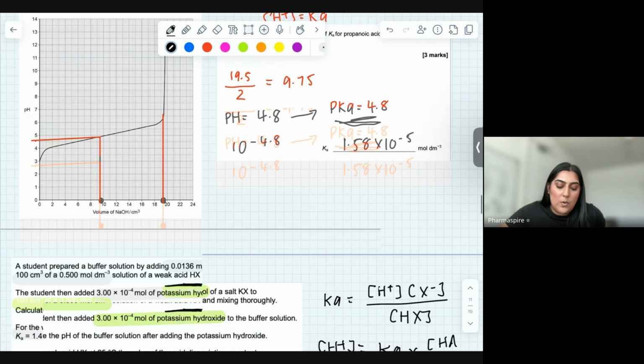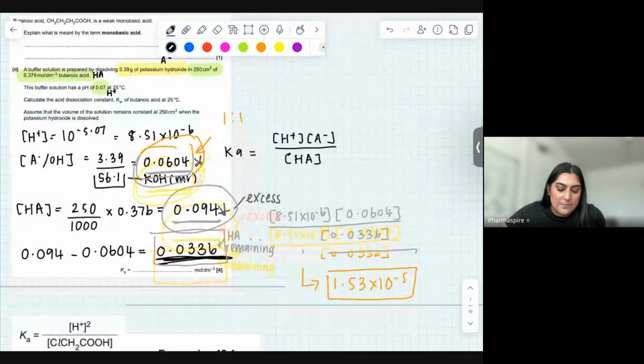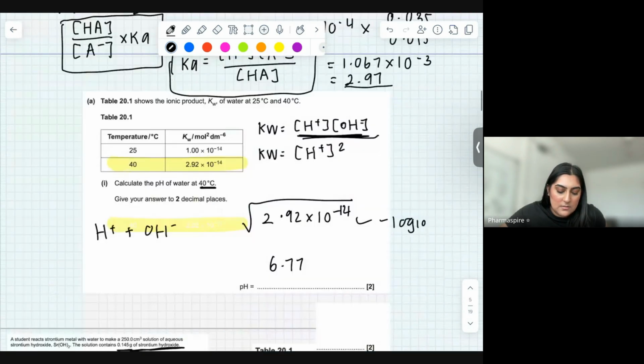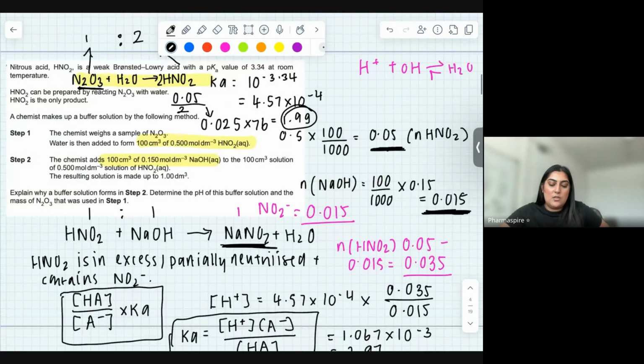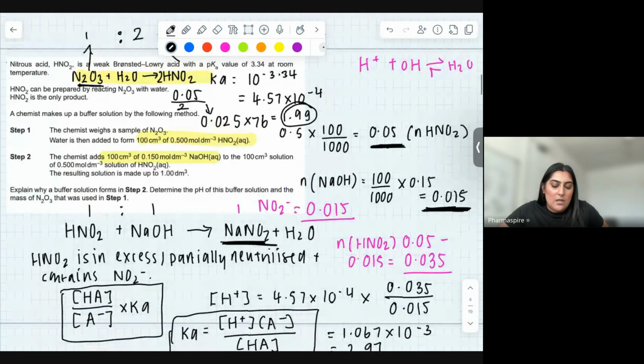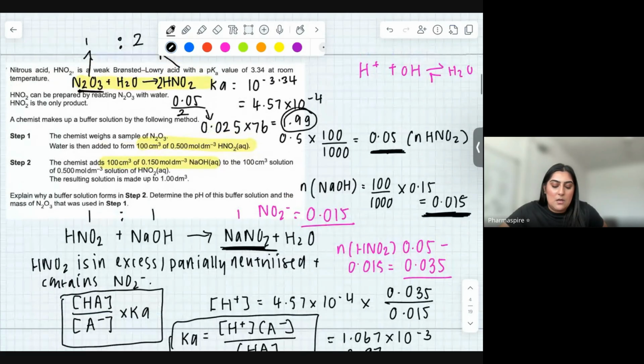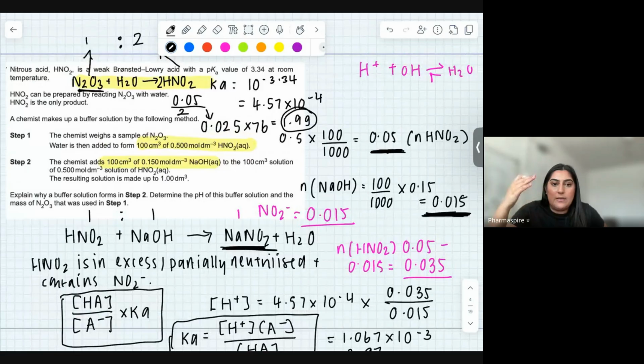How do you know when to add and subtract, or when just to subtract, like before? Because in the other questions, we only had HNO2 and A minus as a factor. They never really said we had a buffer and then we're adding something extra to it, so we only ever dealt with the excess.